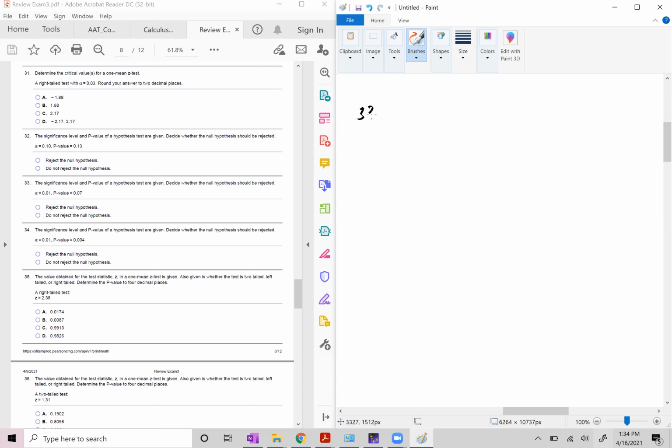33, again the same thing. P-value is 0.07, alpha is 0.1, sorry, alpha is 0.01, I made a mistake. Okay, so alpha is 0.01, p-value 0.07. Which way is it going?